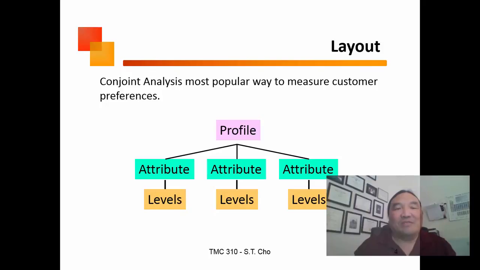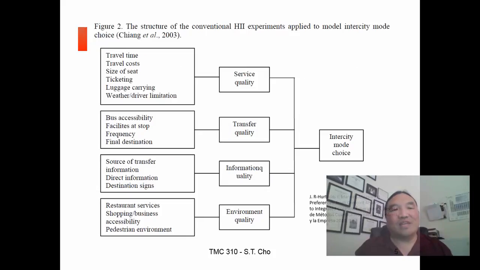But what it comes down to is that you start out with a profile, and that profile is defined by the attributes, which again are those variables you believe are driving sales. And also, how many levels of those attributes do I want to look at? And here's an example of a study done to look at intercity transportation choices.